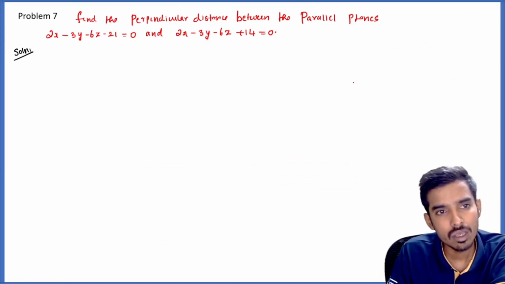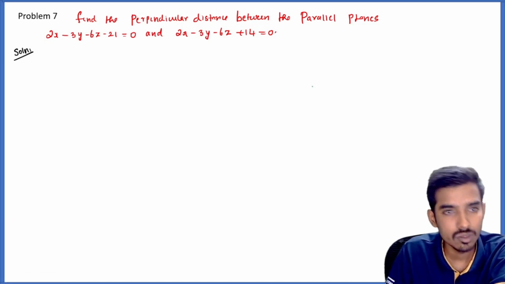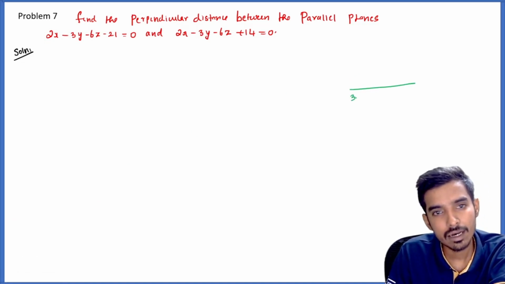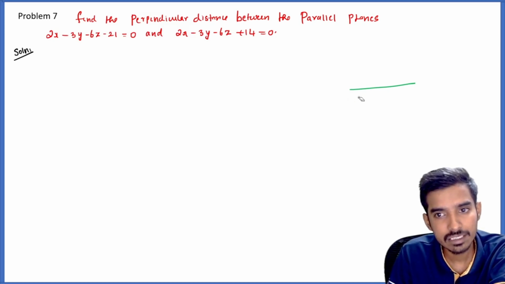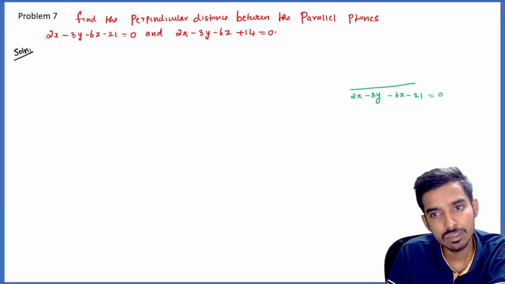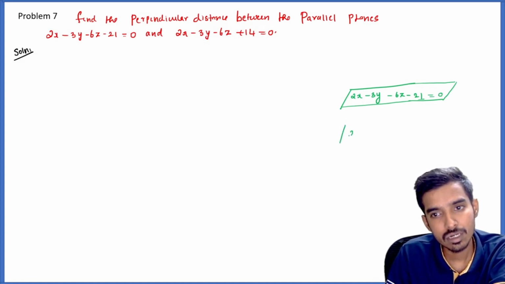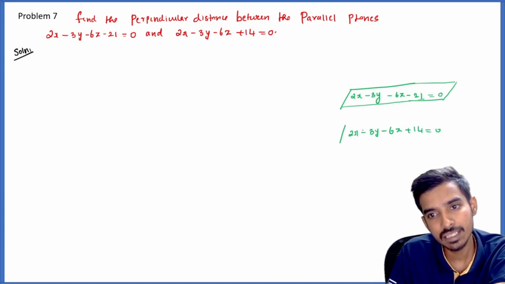We have the first plane 2x minus 3y minus 6z minus 21 is equal to 0. And we have the other, parallel plane, which is 2x minus 3y minus 6z plus 14 is equal to 0.